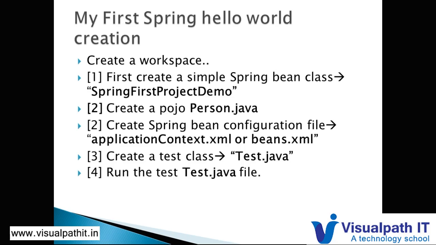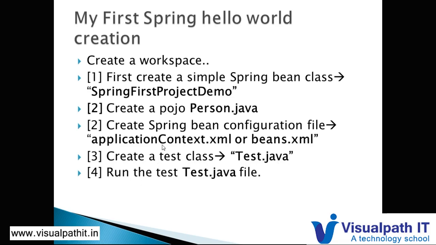Next is creation of a Spring bean class. There are three very important things for our first Hello World application. The first thing is creation of a Java project. Here my project name is Spring First Project Demo, inside which I have a POJO called Person.java, a bean config file called bean.xml or applicationContext.xml, both names you can use for the XML file, and a test class.